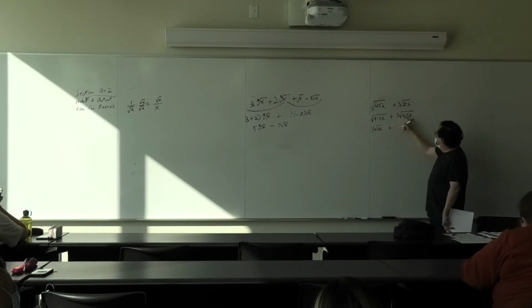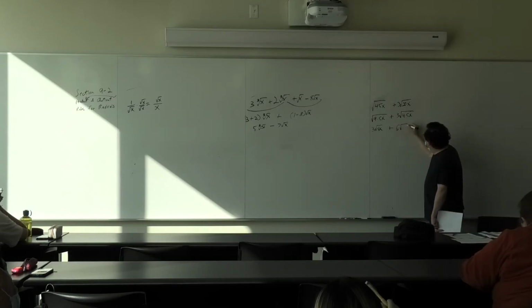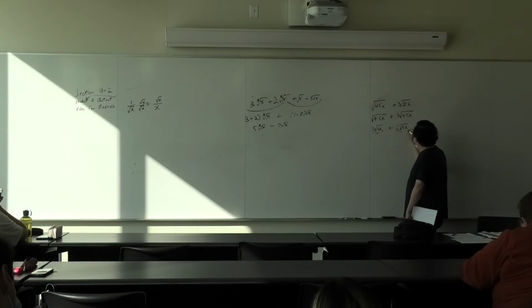And when I take this 4 out, it becomes 2. 2 times 3 is 6, the square root of 5x. Oh, and now what's under the radical is the same, so I can just add the 3 and the 6. 9 times the square root of 5x.